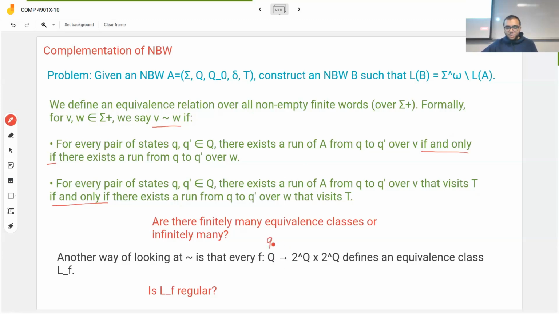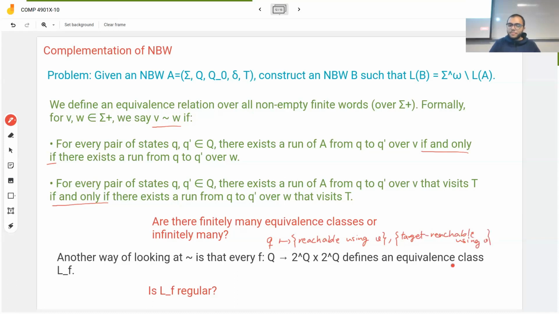It takes a state q and gives me the set of all states that can be reached from q using v. So this is the set of states reachable using v. And the set of states that are reachable using v, but I can also see a target on the way. So I call this target reachable using v.